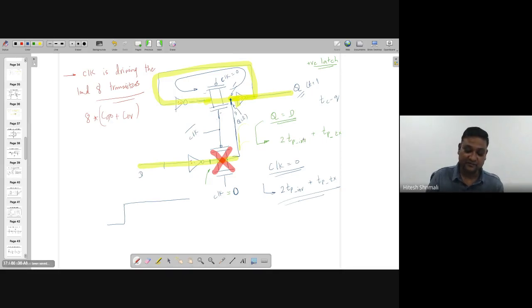But if you are interested in finding out the setup time, because what is happening when clock equal to 0, I want to transfer this logic at that place. So before the clock is coming, it has to be ready.